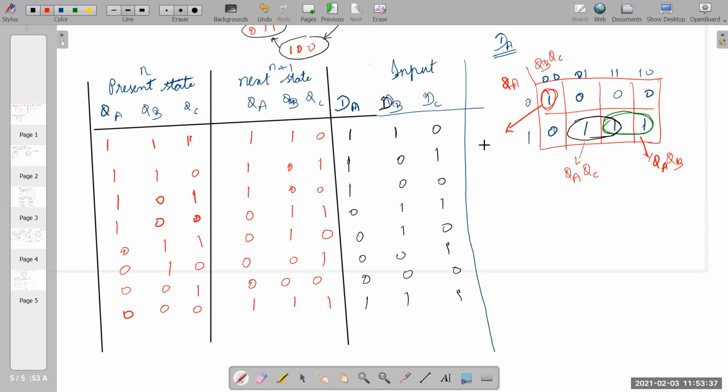For this it is QA bar, QB bar, QC bar. Right? So DA is equal to QA bar QB bar QC bar plus QA QC plus QA QB.